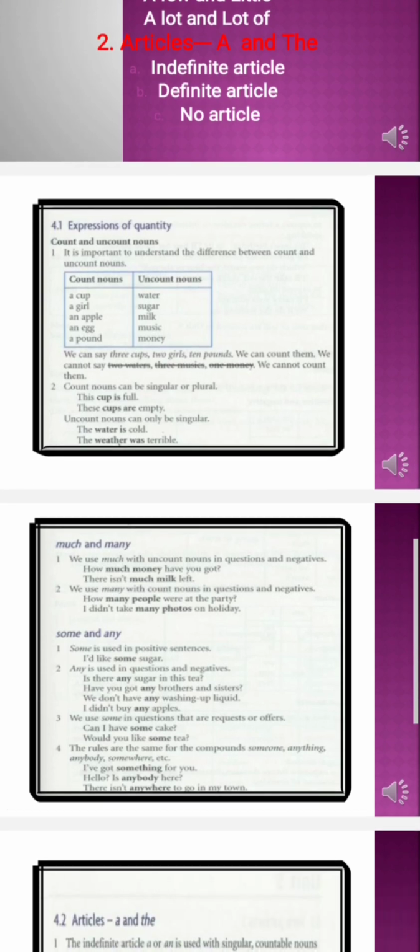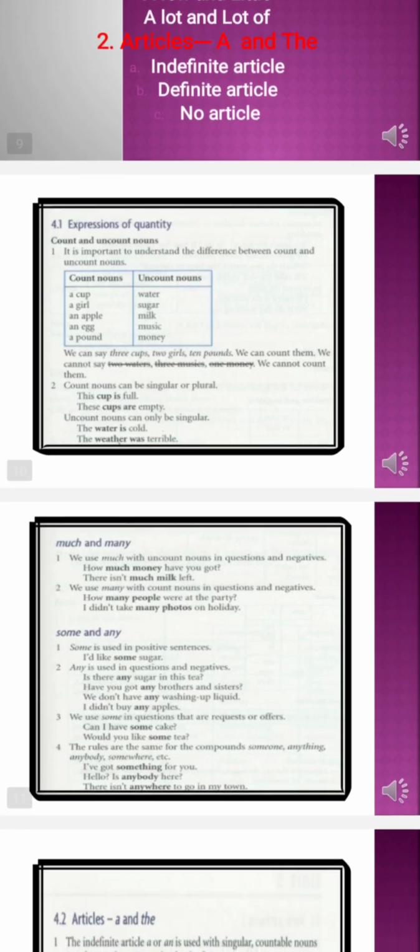Expressions of quantity, count and uncount nouns. Number 1, it's important to understand the difference between count and uncount nouns. We have some examples about them.